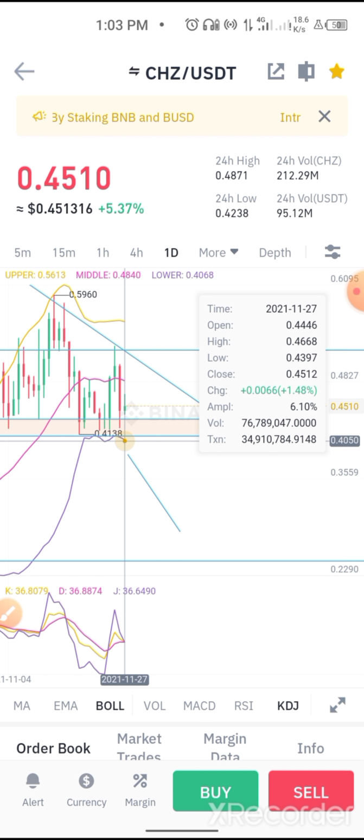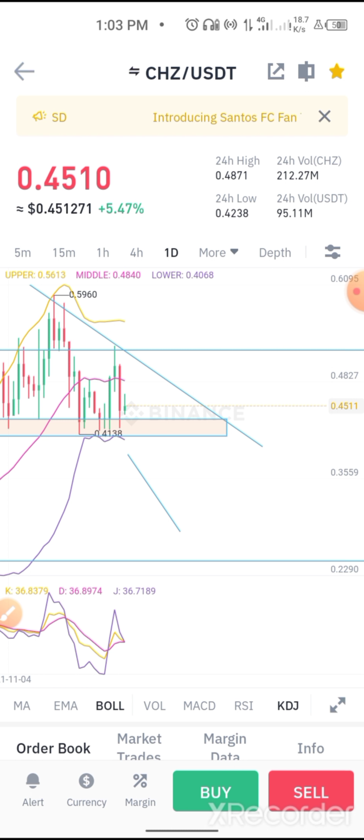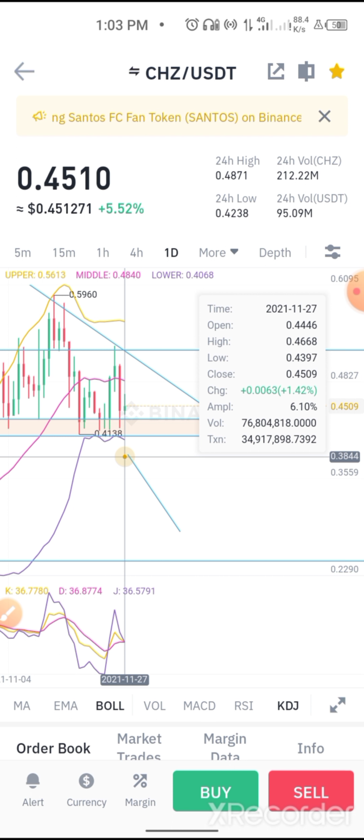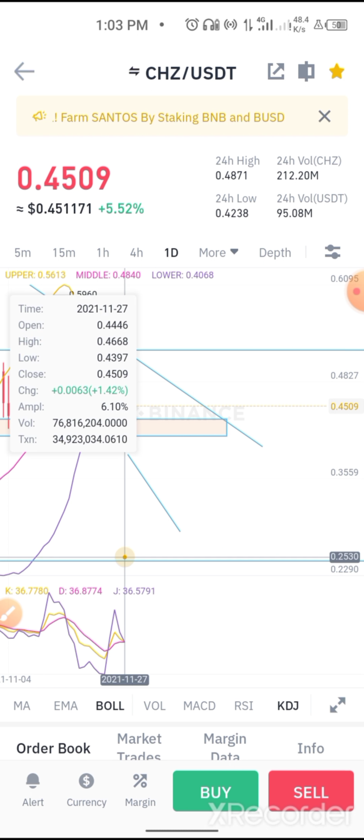If it breaks down to form a downward trend, place me a buy, place me a sell, sorry, at 0.3857, because the market is still going to go down to touch this point, which is 0.2450.